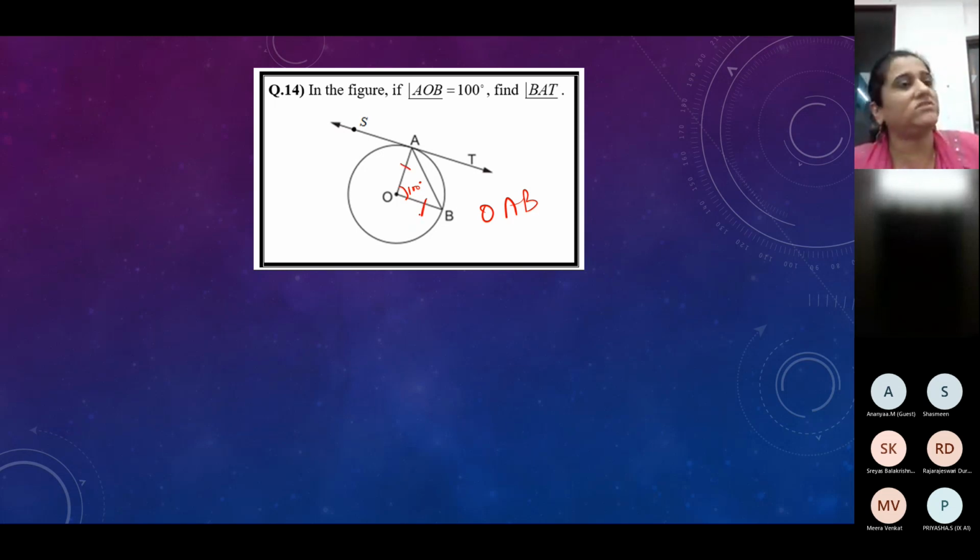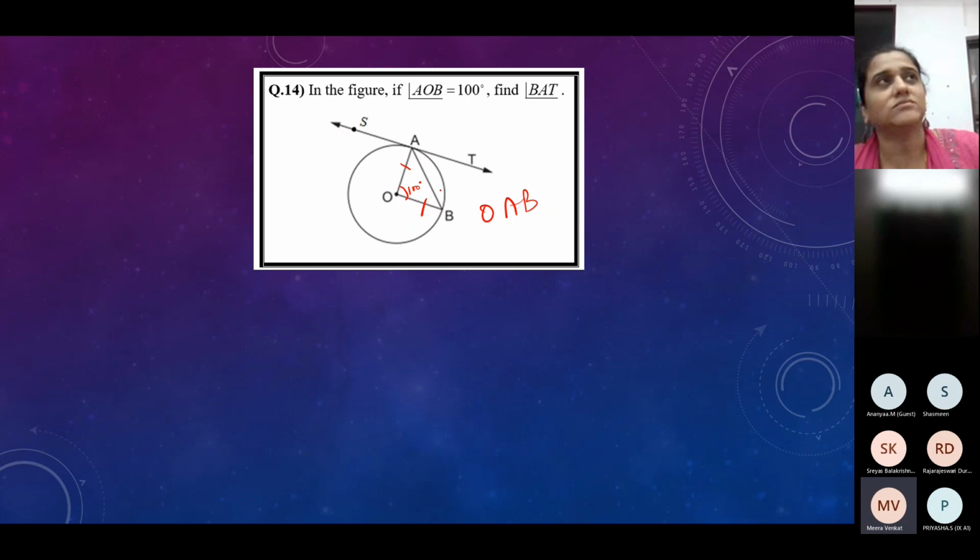Now, what can you find next? By angle sum property. She said 90 degrees, correct. OAT is 90, you're saying? Very good. Meera, yes?